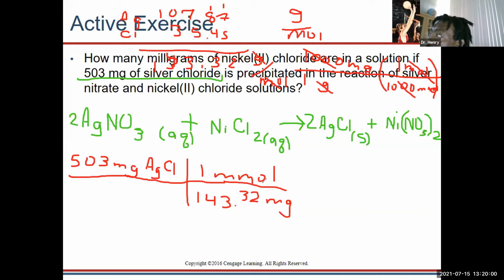Okay, so, and that's AgCl. Okay, so now I want moles of nickel 2 chloride. So how do I get to moles of nickel 2 chloride?